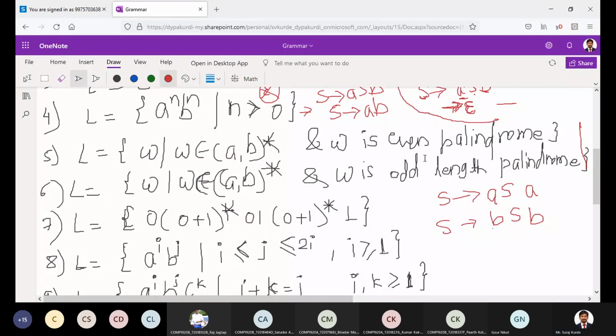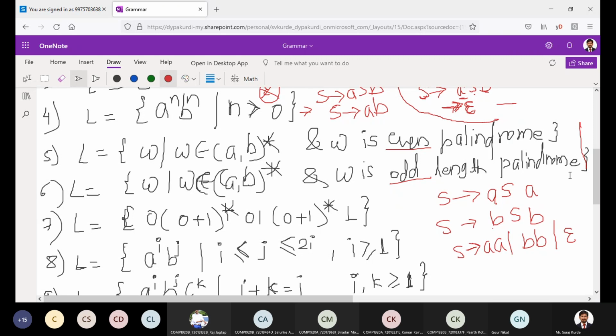Now we have the condition of even or odd. For even, either the middle will be AA or it will be BB. So it can be of length 2, or you can have epsilon. Instead of AA, BB, you can have epsilon. So here it will be AA and here it will be BB.